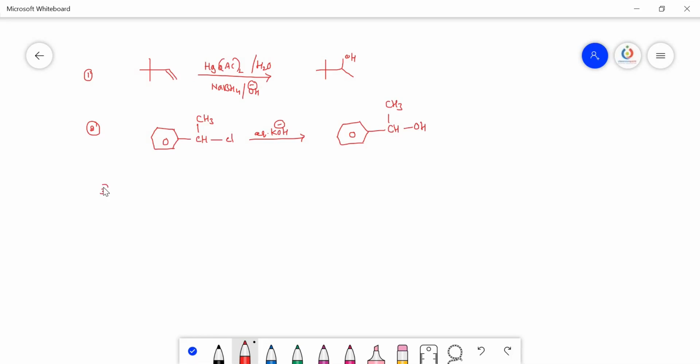And third compound is, so it gives the anti-Markovnikov's hydration product.